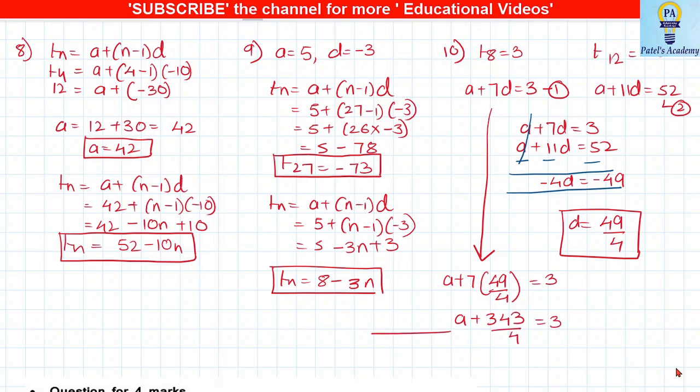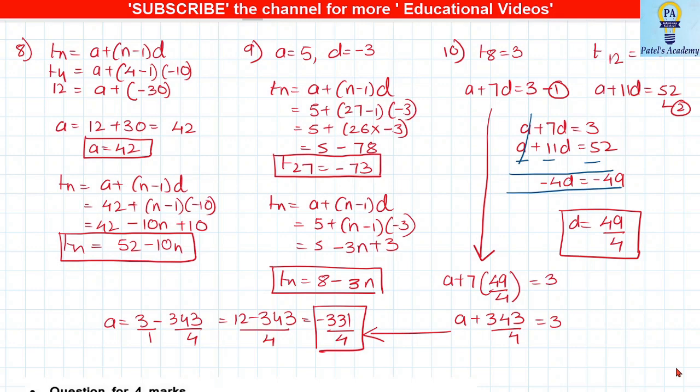The last two steps, students, I'll just do over here. So A equals 3 minus 343 upon 4. If I do LCM, 12 minus 343 upon 4, that is minus 331 upon 4. This is the value of A. We got a fraction, minus 331 upon 4.